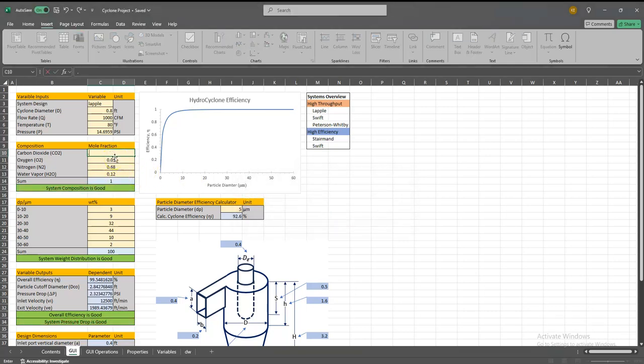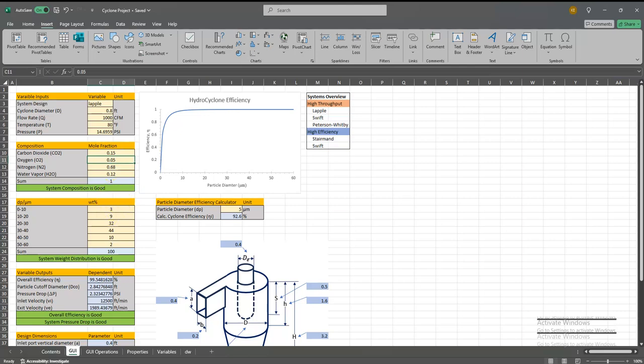If the sum of the four mole fractions for carbon dioxide, oxygen, nitrogen, and water vapor is greater than 1, a warning will appear saying, warning, invalid system composition. Be sure to double check your values and possibly round a little bit differently, for example, rounding 0.666 to 0.667 to get this to equal 1.